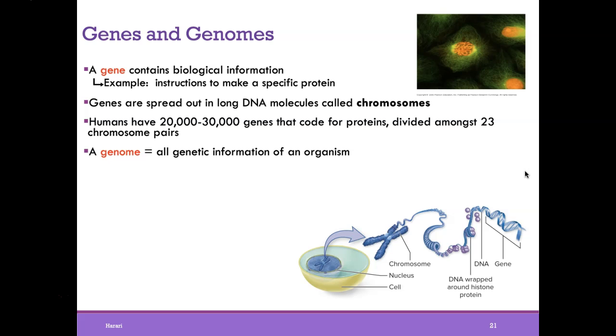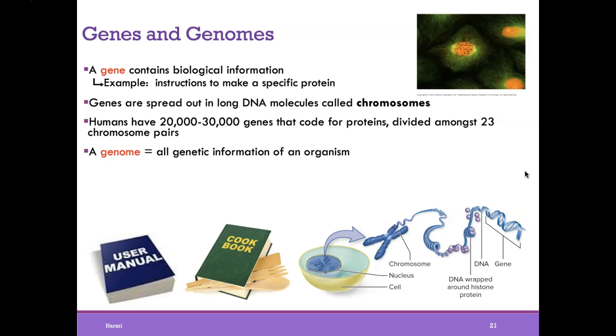So an organism's genome is all of the genetic material. And genomes vary in size and complexity, and usually most of the genetic information of an organism does not code for proteins. We actually have yet to understand a lot of the sequences of DNA. But we do know from the Human Genome Project many of the genes that code for proteins.